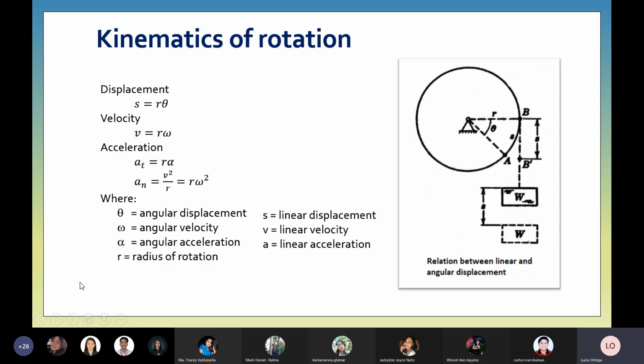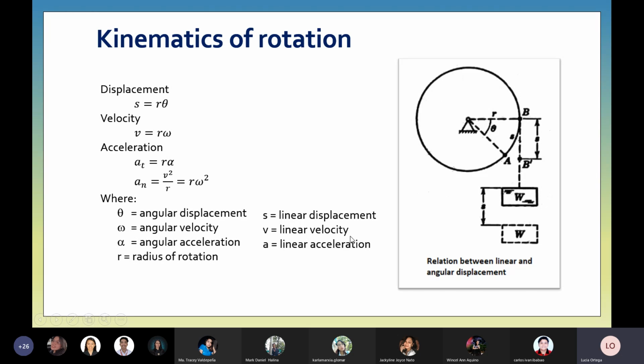So these are the symbols used. Theta is angular displacement. So when it rotates, this is the angular displacement. W is angular velocity, radians per unit time. Alpha is angular acceleration. R is the radius of rotation.